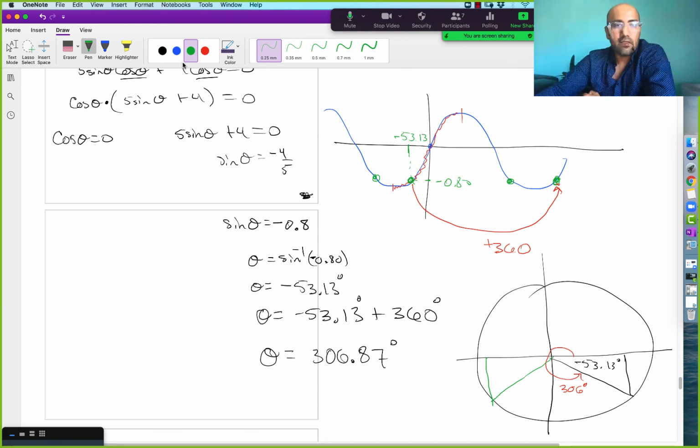This one needs a reference angle of 53.13, but in quadrant 3. So the angle starting from here and ending there must be 180 degrees plus 53.13, which equals 233.13.